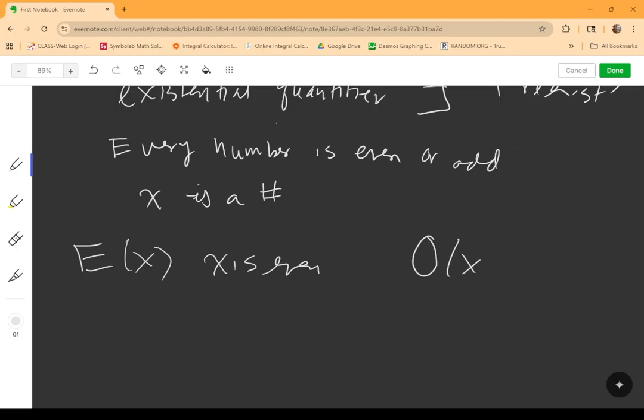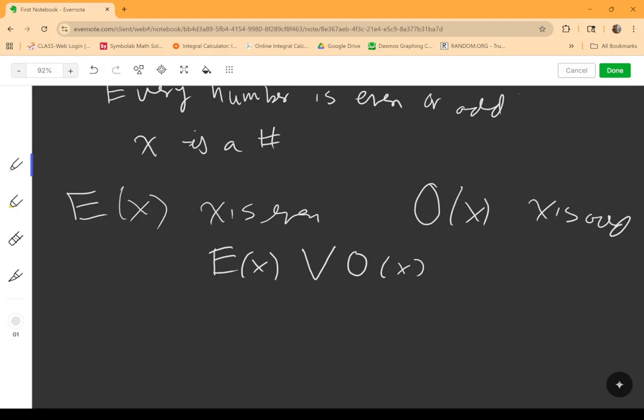And O(x) says that x is odd. Put simply, there are two options for any number. It's either odd or it's even. It can't be both, hence the use of the or statement: x odd or x even. One of those is going to be true.